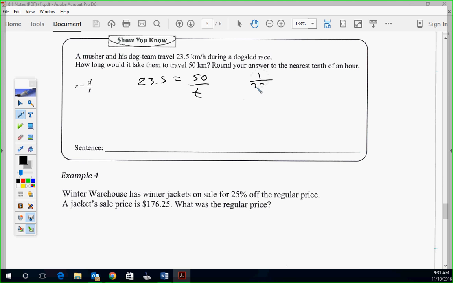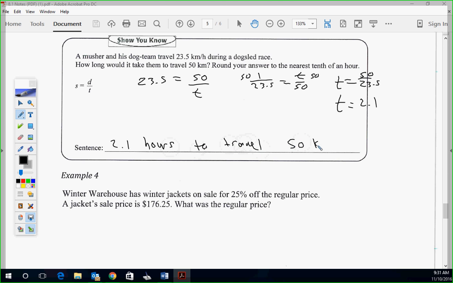So 50 over 23.5. Should be like 2.1, okay. So it'll take 2.1 hours to travel 50 kilometers.